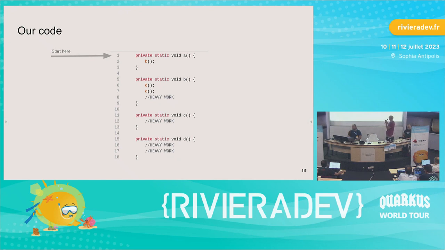So we have a method A that calls a method B that is calling C and D, and is performing some heavy work. So it's not a comment, it's actual code that I deleted. But believe me, it's heavy work. We have C that is performing heavy work, and we have D that is performing heavy work twice.